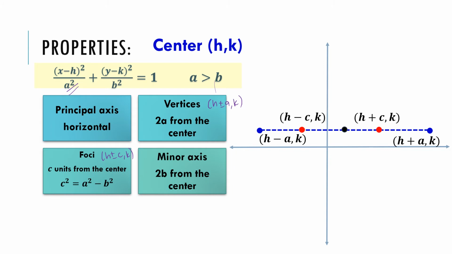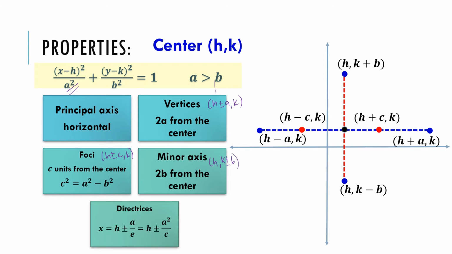Next, minor axis. So, ito naman yung height, kaya ito ay up and down. So, this is H, K plus minus B. Yan. The directrices, same pa din. We have plus minus A squared over C. And how do you compute for C?